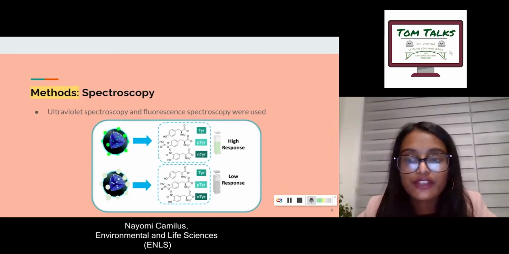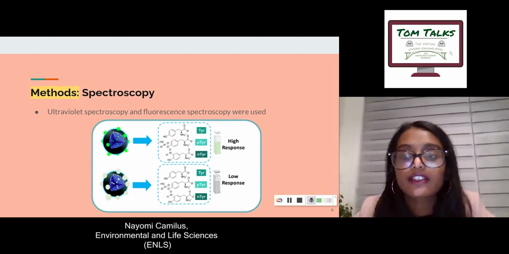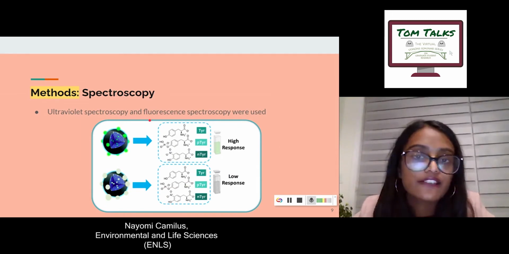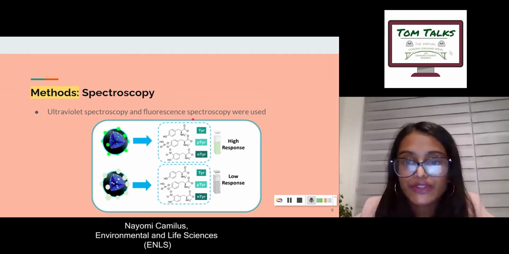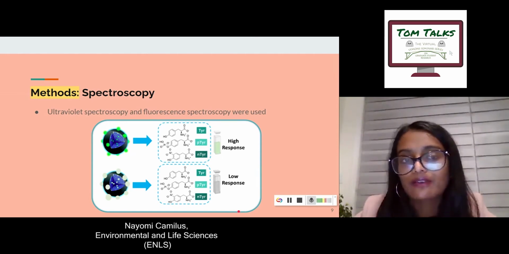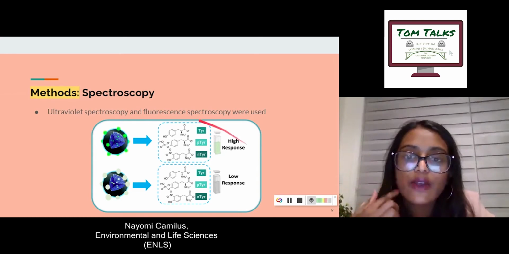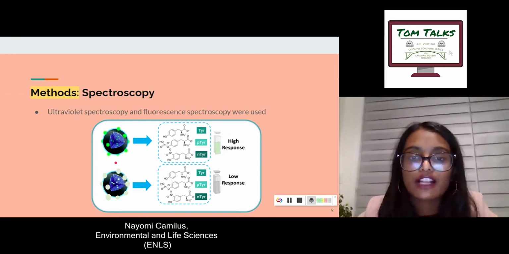So now these objectives were carried out using spectroscopy, again, which uses light to measure response. So both ultraviolet spectroscopy and fluorescence spectroscopy were used. Over here is just a simple schematic to describe how we use spectroscopy to see the response. These carbon dots actually have this green solution.